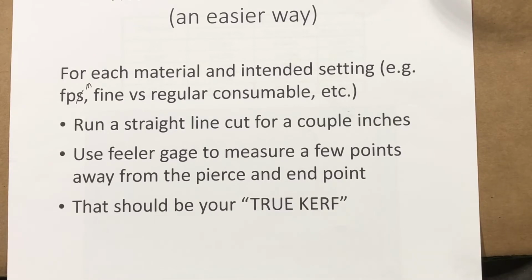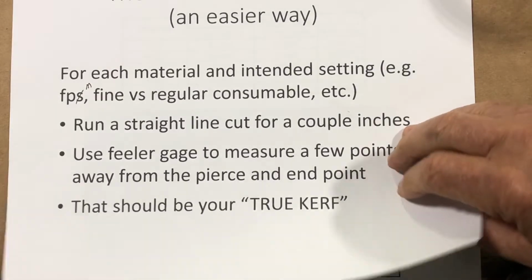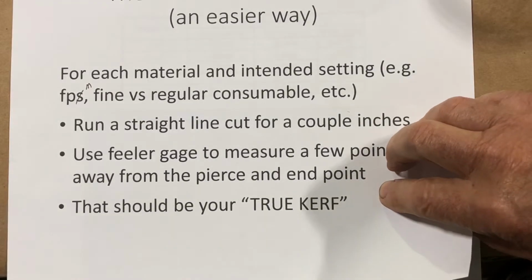Isn't that the true kerf? I can't convince myself that it wouldn't be, and so we're actually going to try and test that and see what the effect is. See if we get any correct answers.